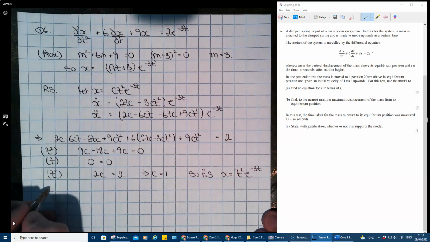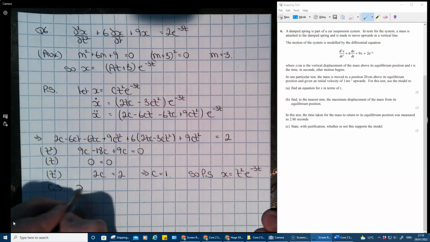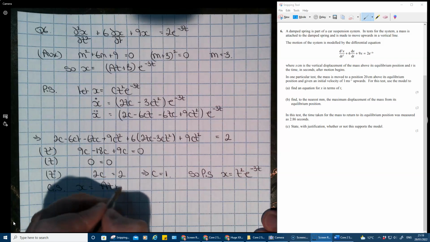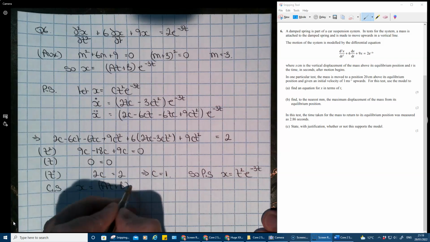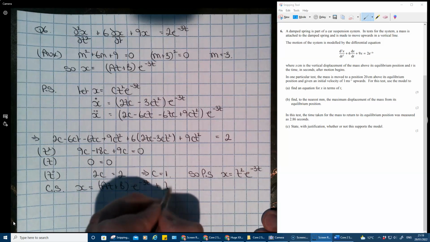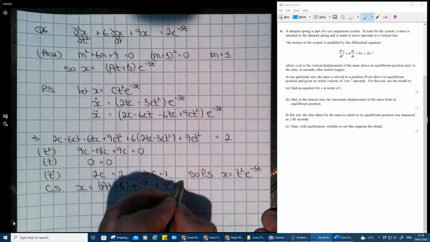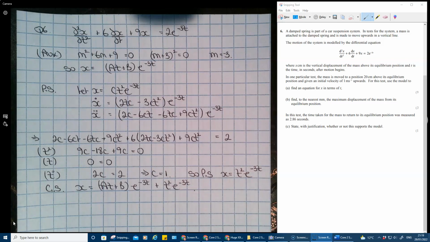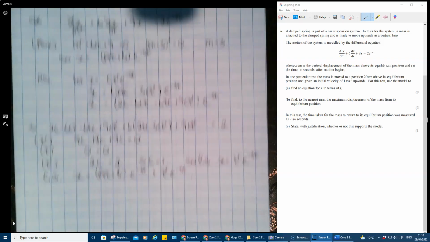So therefore the general solution is x equals the solution we had earlier to the complementary function plus the particular solution. Okay, next part.